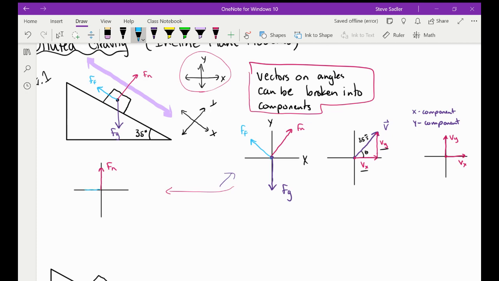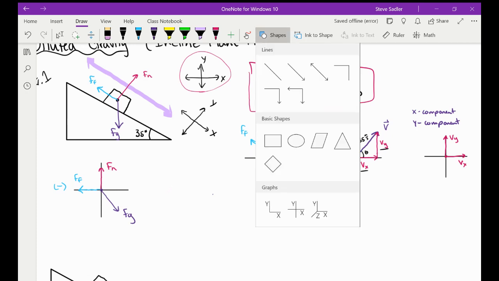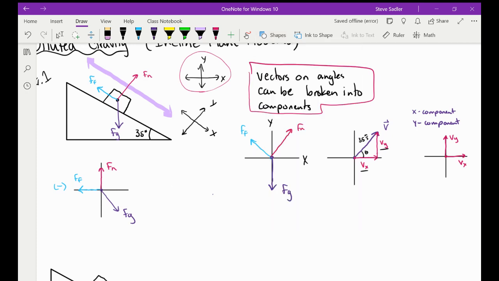The force of friction is going to be in the negative x direction, and our force of gravity is going to look like this. So now we only have one force at a weird angle, one force to be broken into components. It'll be a lot easier once we do the math.